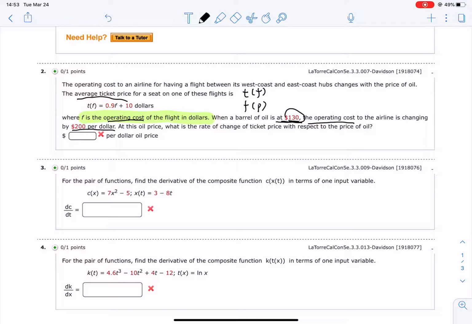This part tells you when p equals 130, the operating cost, which is the input variable of the first function T of f, is changing by $200 per dollar. That means for the second function, df dp, when the oil price is $130, the derivative, the rate of change, is $200 per dollar.